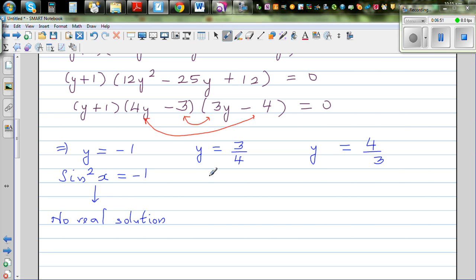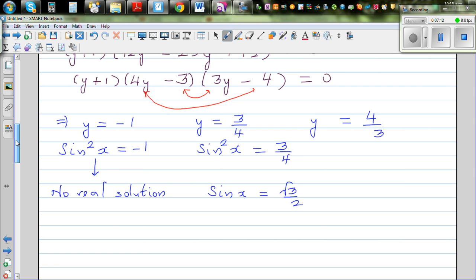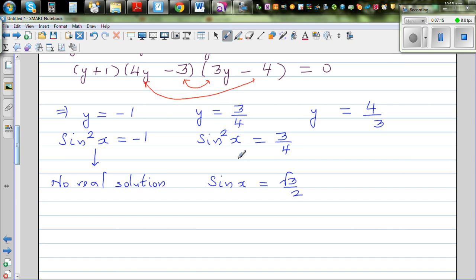So sine squared x is 3/4. That means sine x is √3/2. I'm taking only the positive root. Taking the square root of both sides, it is √3/2.